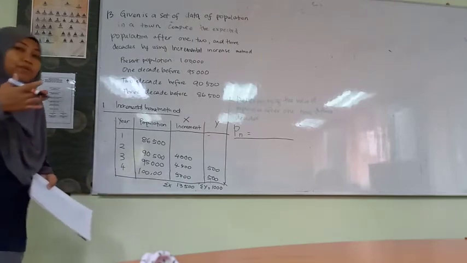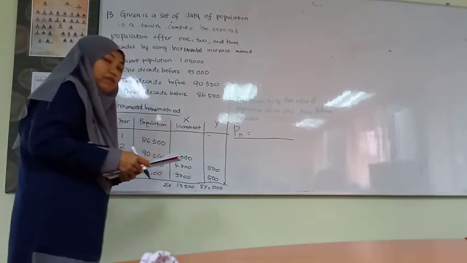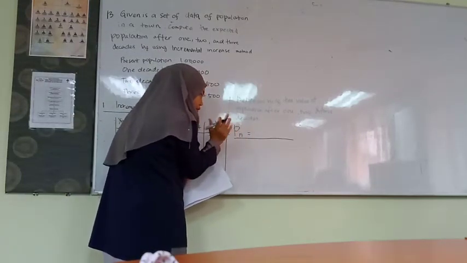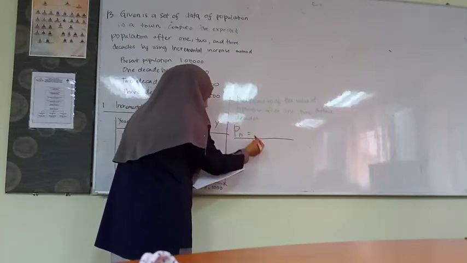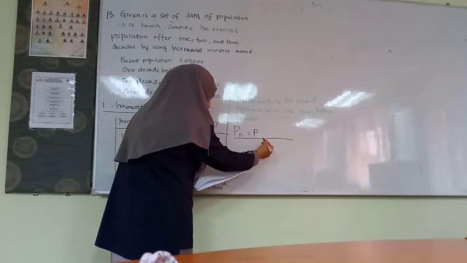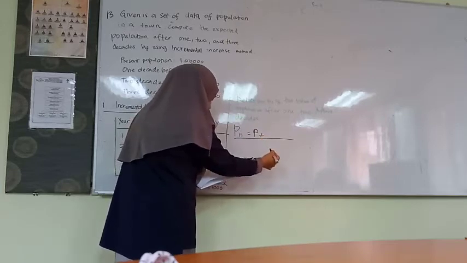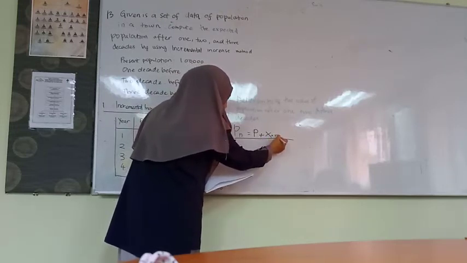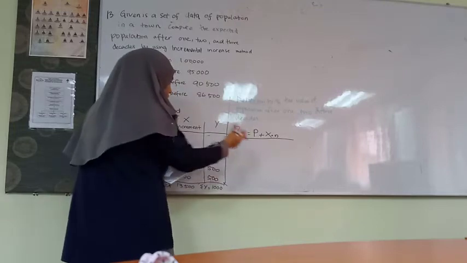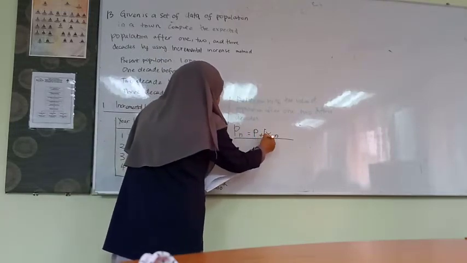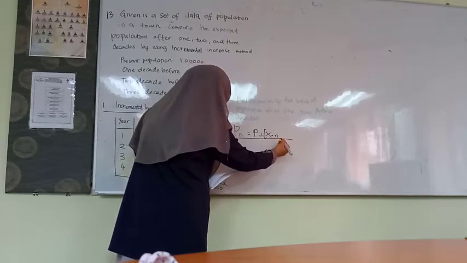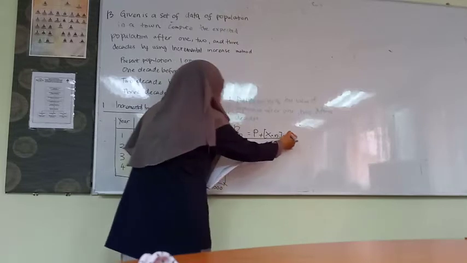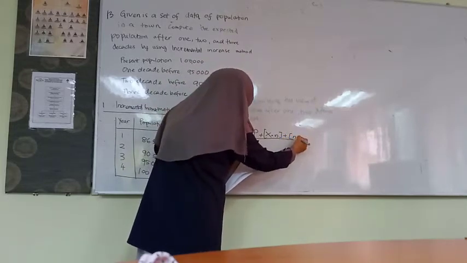For the incremental increase method, the formula will be different. For the population of a certain year, you are going to calculate initial population plus X increment times n, plus n times n plus 1, requirement time.